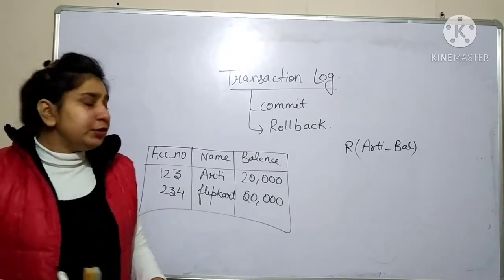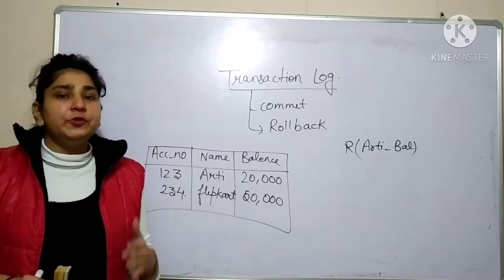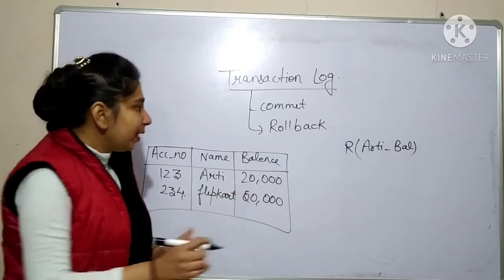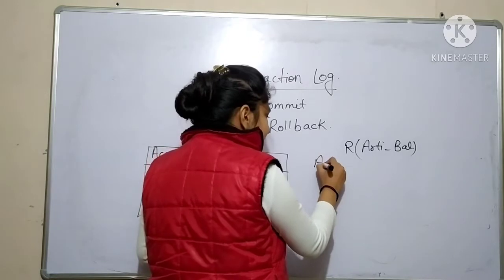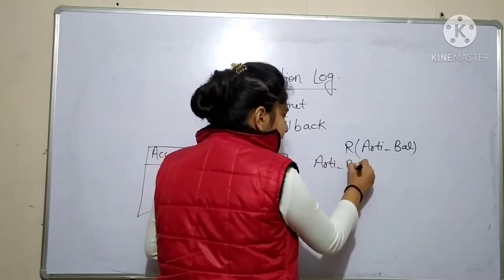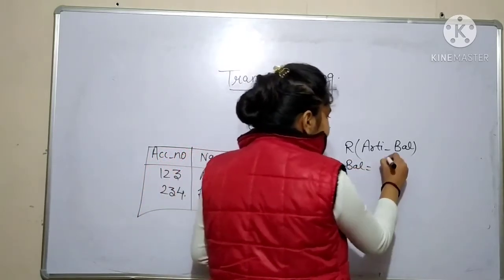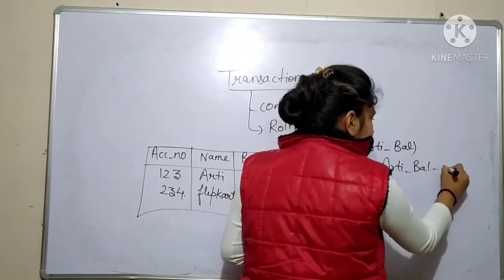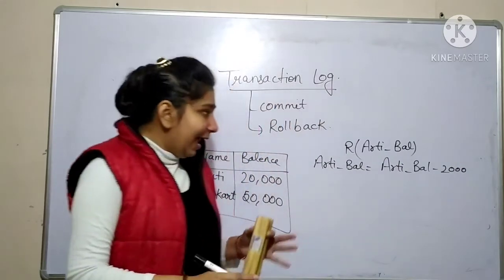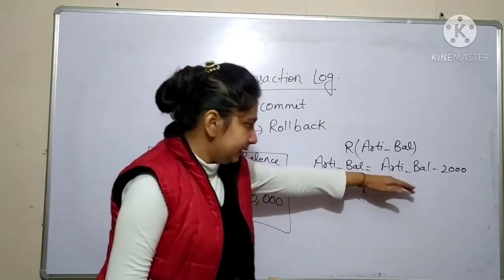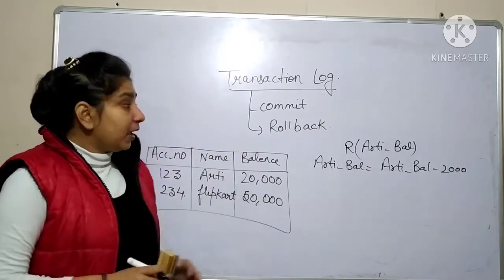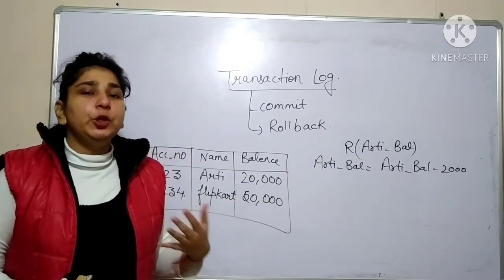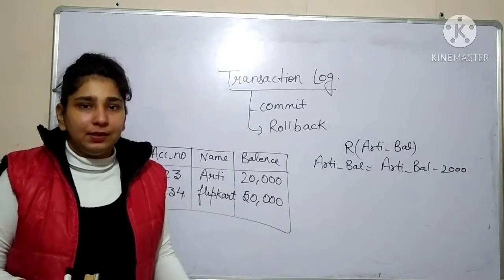I want to deduct 2,000 rupees from this balance. Okay, I deducted 2,000, but this operation I am doing in the main memory.